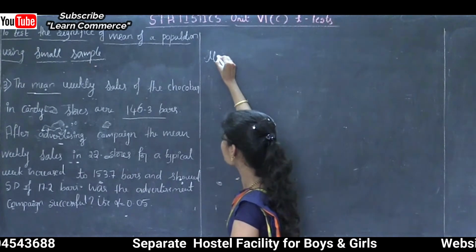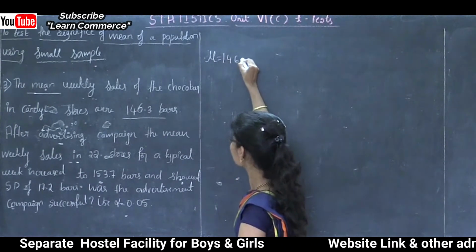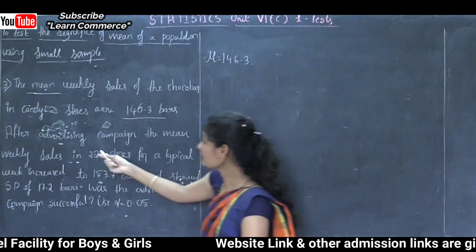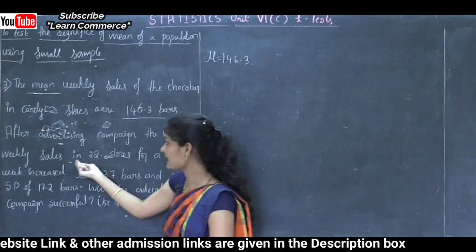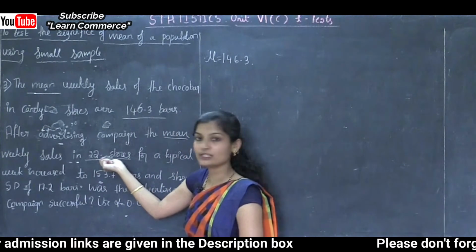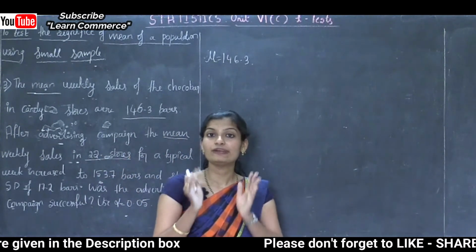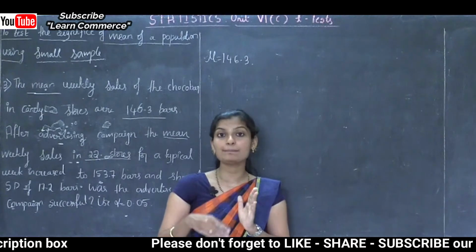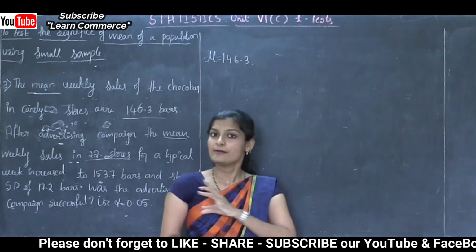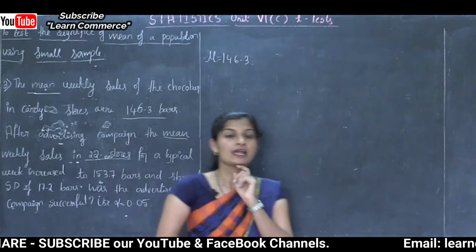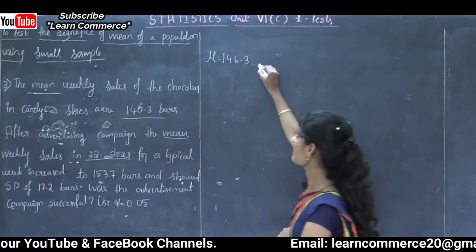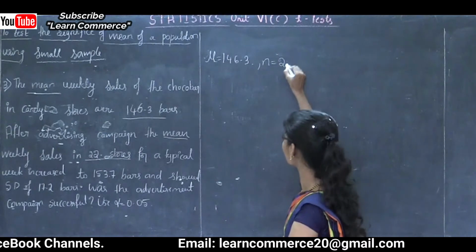So here mu is 146.3. Then after the advertising campaign, the mean weekly sales in 22 stores. Here 22 is the number of observations, this is one sample. So the given sample size is denoted by small letter n, and the given observation is 22.